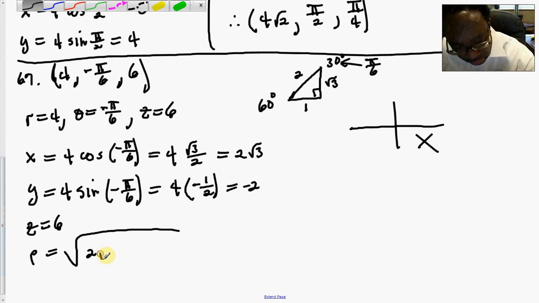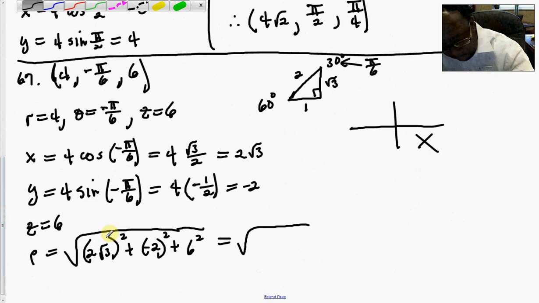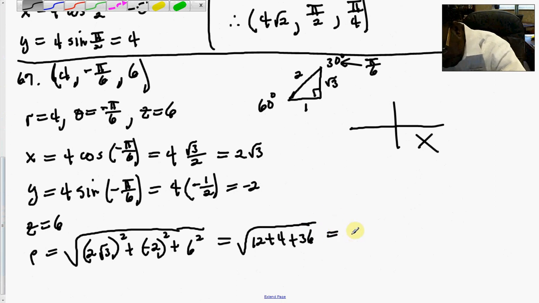So this is 2 times the square root of 3 squared, plus the negative 2 squared, plus 6 squared. So we get 4 times 3 is 12, plus 4 plus 36. So we get the square root of 52, or 4 times the square root of 13.